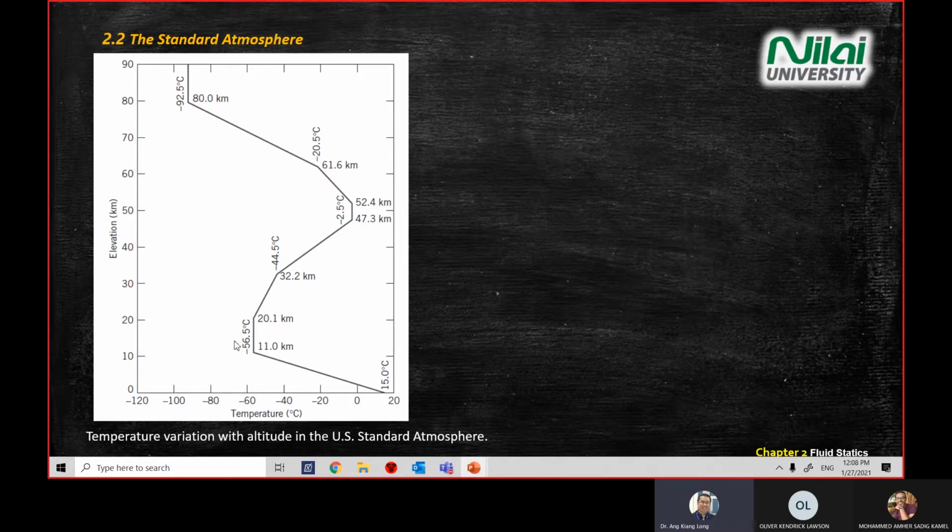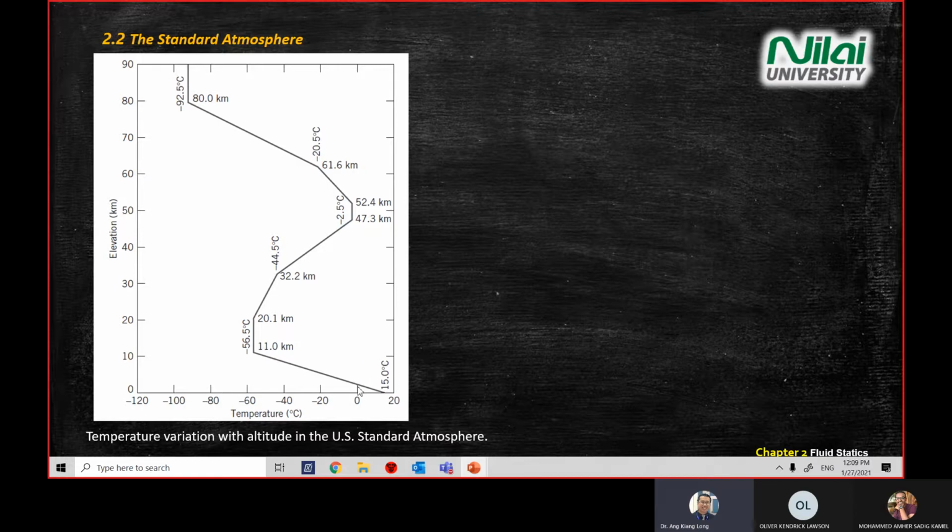This is the behavior of our atmosphere, and this data was collected in the US. In Asia, the line will shift a little bit, however it will still show similar behavior.